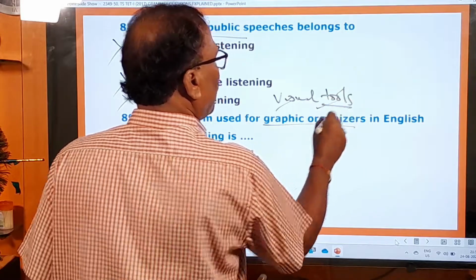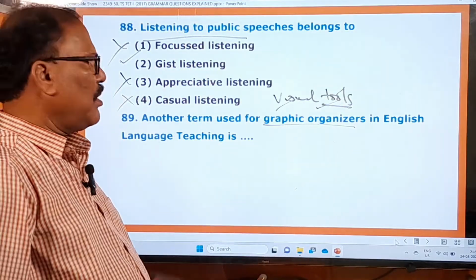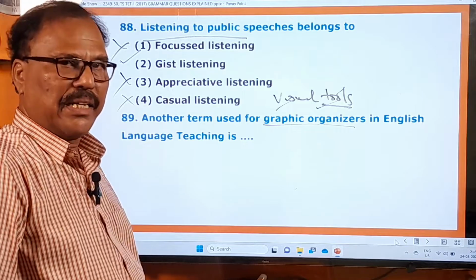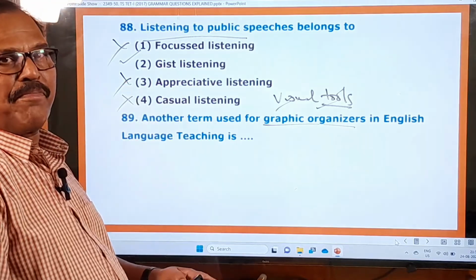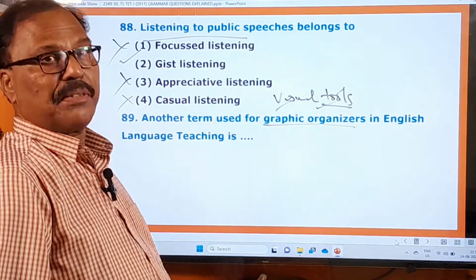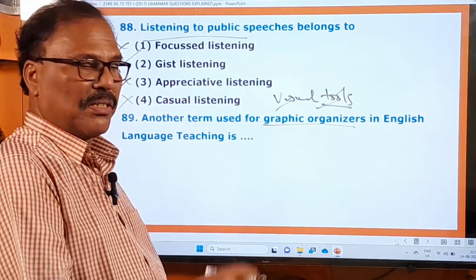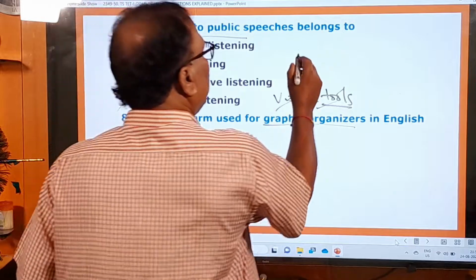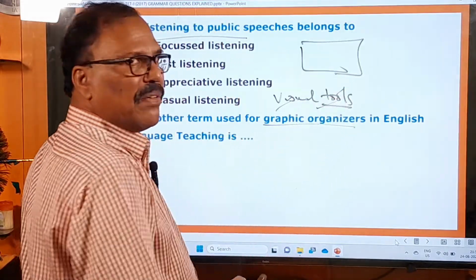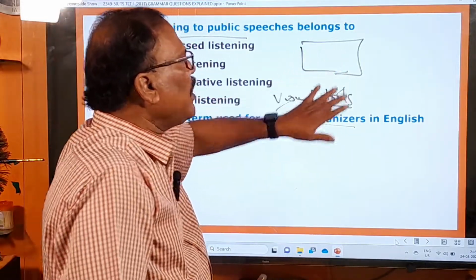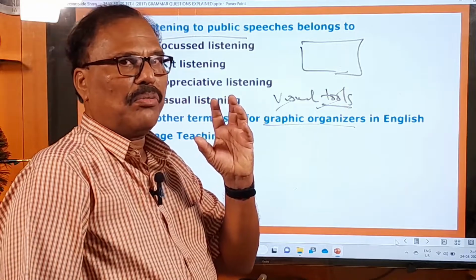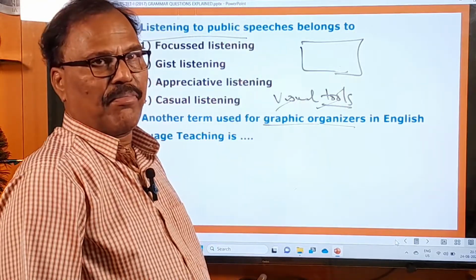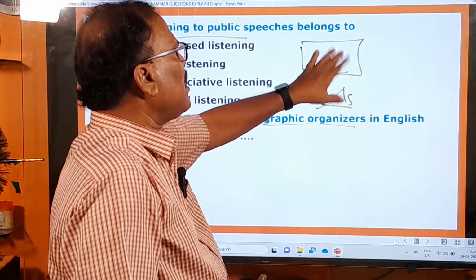You know very well about the graphic organizers: diagrams, maps, tables, matrix, and so many things are there. Some diagram is given, some table is given. On seeing the table, you have to guess the information. There is no information, only data is there.